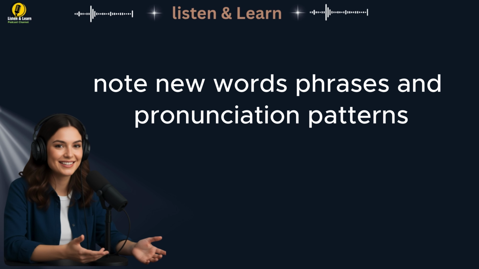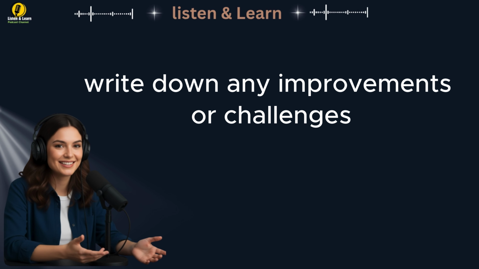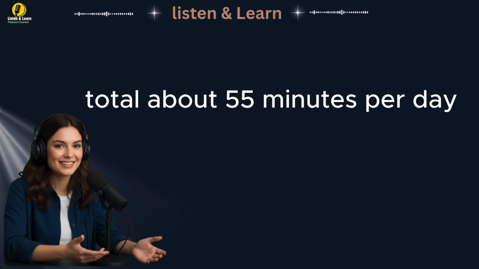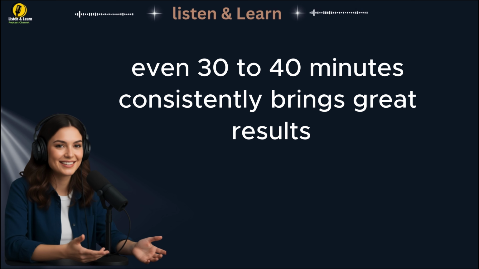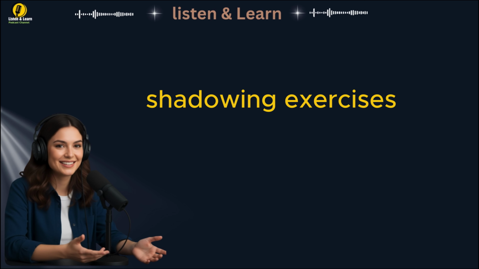Note new words, phrases, and pronunciation patterns. Write down any improvements or challenges for the next session. Total about 55 minutes per day. Even 30 to 40 minutes consistently brings great results. Shadowing exercises.